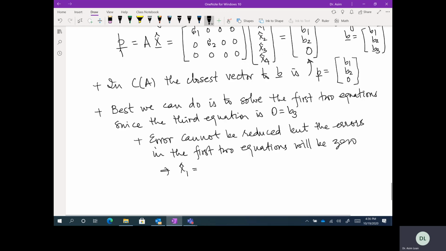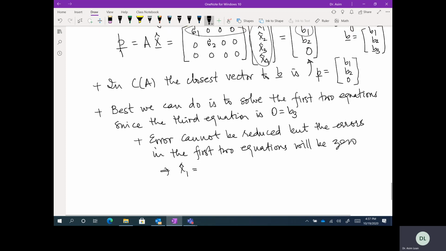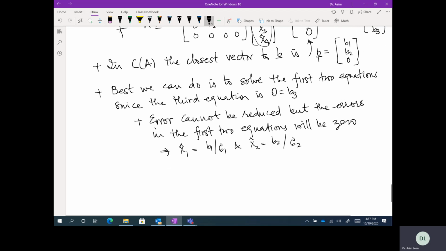This implies x1 hat equals, what is x1 hat? So x1 hat multiplied by this one equals b1. So obviously x1 hat is b1 over sigma 1, and x2 hat is b2 over sigma 2, right? And how do we make x hat as short as possible?